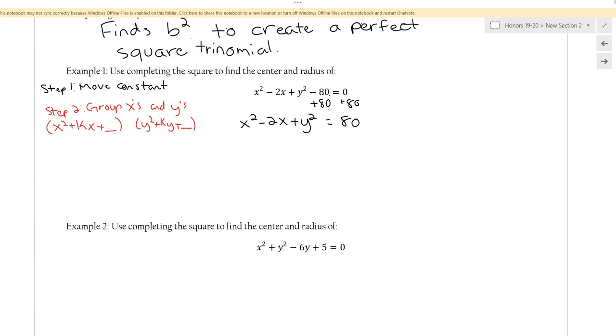So in this case, I have x squared minus 2x plus blank plus y squared, which doesn't have anything else, so I don't have to group it. There is no just y. Then, anything I do to one side, I have to do to the other side. So I filled in a blank here, so I have to fill in a blank here.